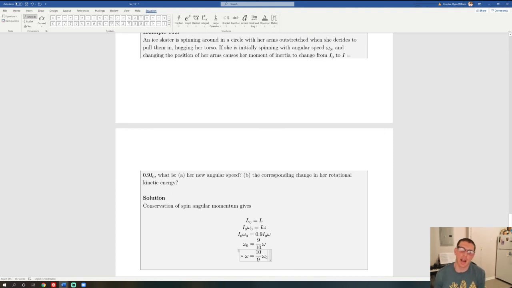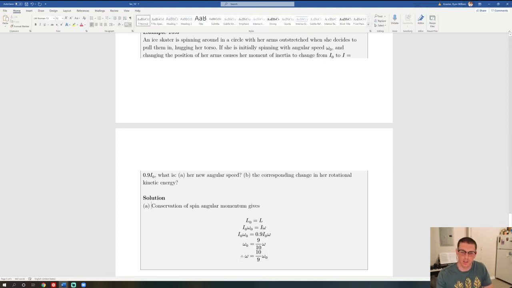And so her angular speed increases. And that is what we saw with the guy on the turntable with the dumbbells, right? So hopefully this is not shocking now. And I don't know if anybody is into ice skating or follows it, then I'm sure you've seen this done many, many times. Okay, cool.